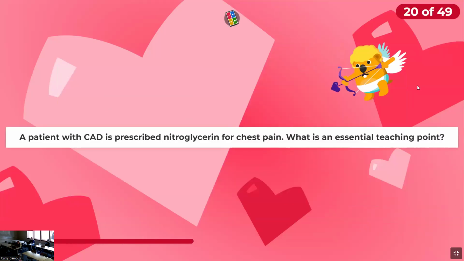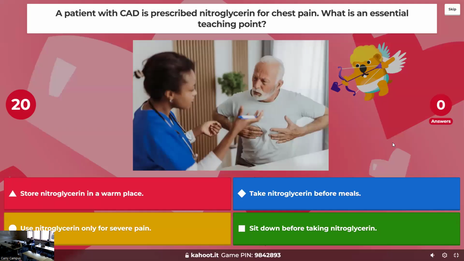Patient with CAD is prescribed nitro for chest pain. What is the essential teaching point? And this one is use nitroglycerin only for severe pain.